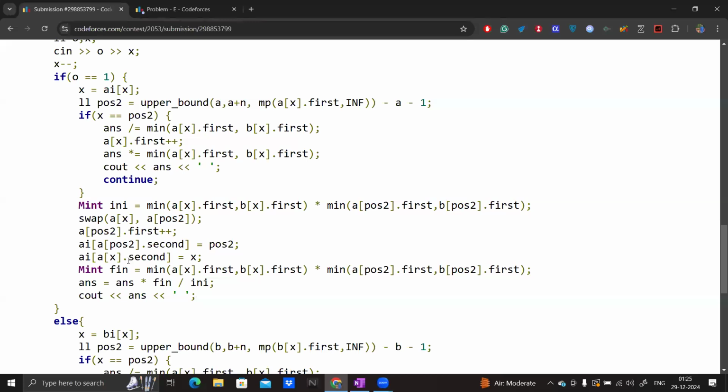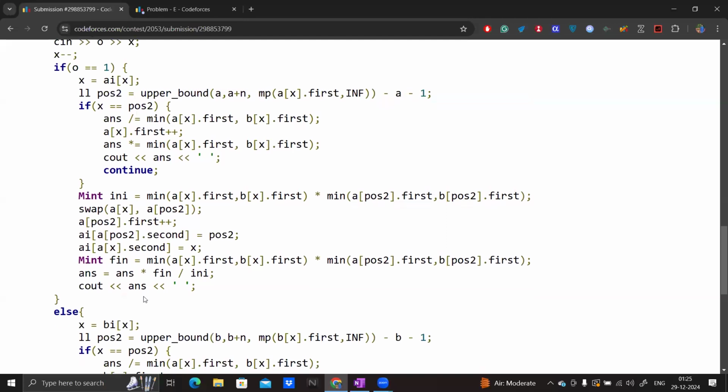The initial was this, and finally it became this. After incrementing, I found the final value, and I did answer equals answer divided by initial into final. I hope it makes sense.